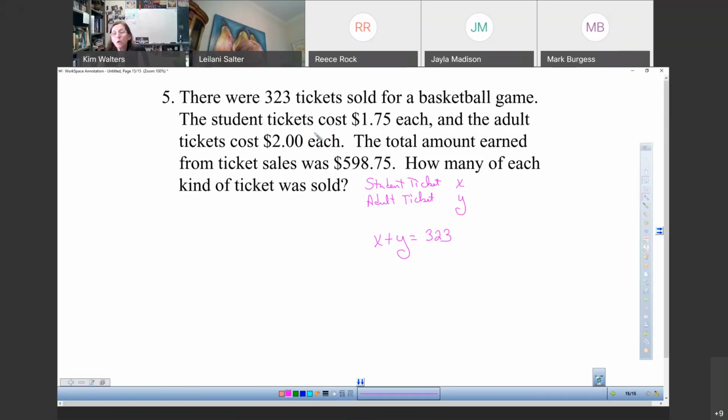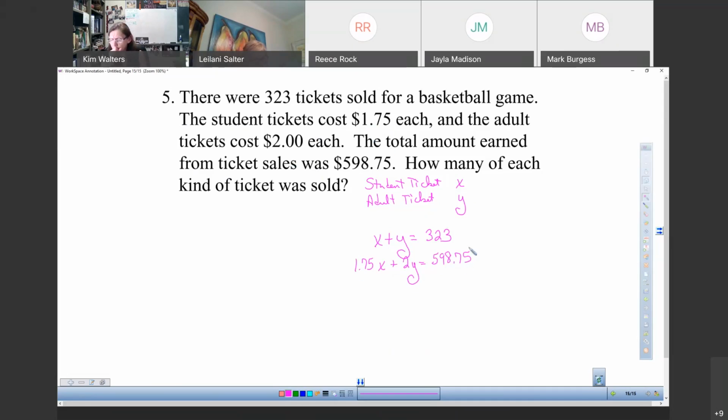My second equation is going to involve the money amount. Okay. And so for the student tickets, what I get from each student ticket is $1.75 times the number of student tickets sold, plus $2 times each adult ticket sold. And this is going to give me a total of $598.75.